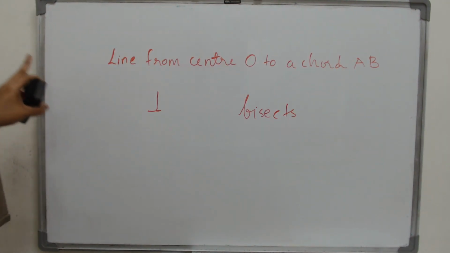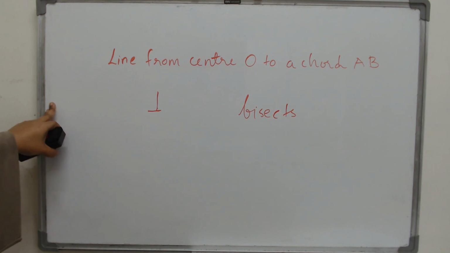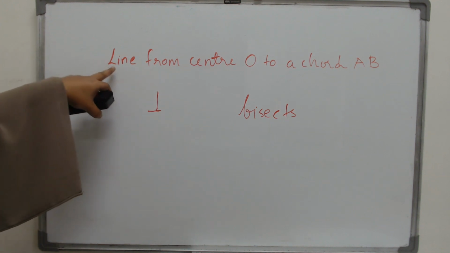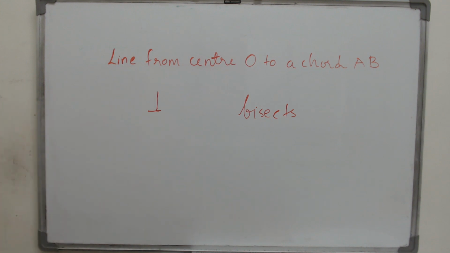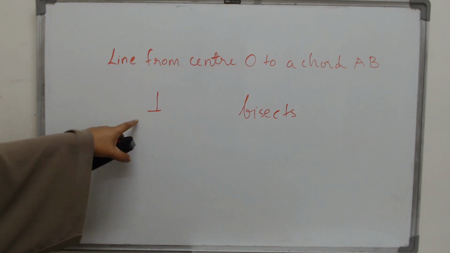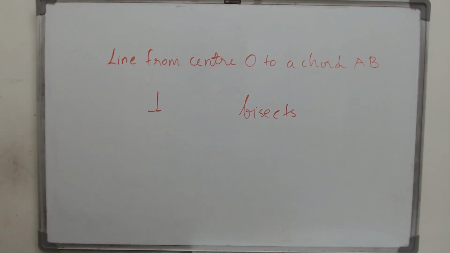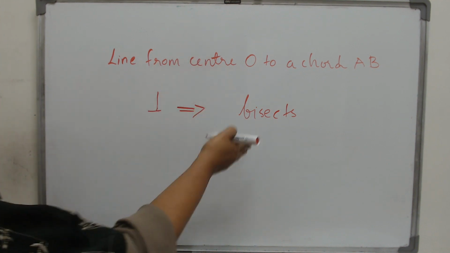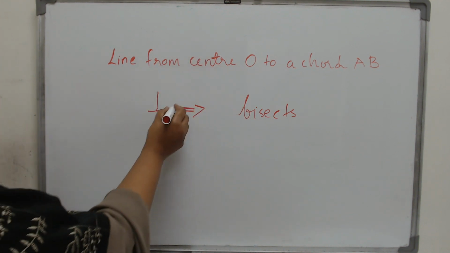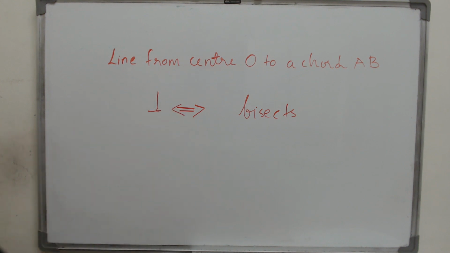Today we learned yet another interesting property related to chords. Take any line from the center to a chord, then if that line is perpendicular, if that line makes 90 degrees, then it will bisect. And if that line bisects, then it will be perpendicular.